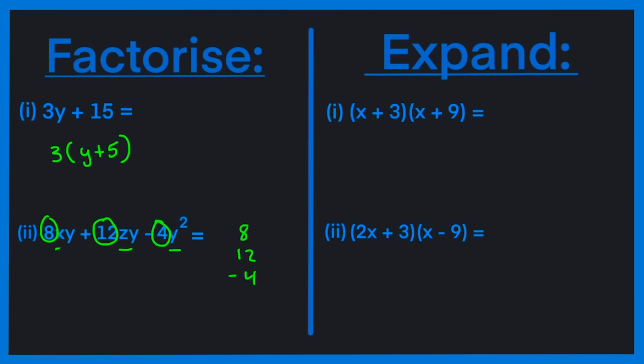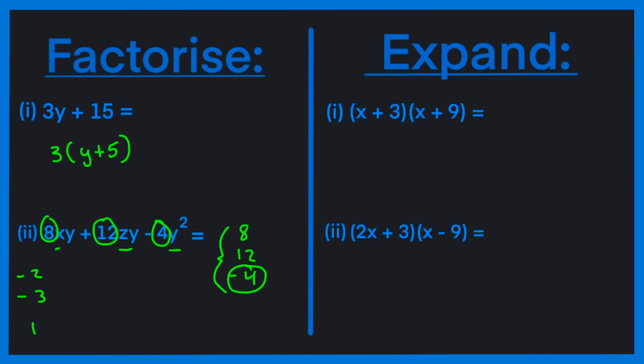We know that 8 divided by minus 4 is minus 2. And we know that 12 divided by minus 4 is minus 3. So we already have our highest common factor, which is going to be minus 4 in this case, because we could divide minus 4 by minus 4 and get 1. So we know that minus 4 goes into all of these numbers here.